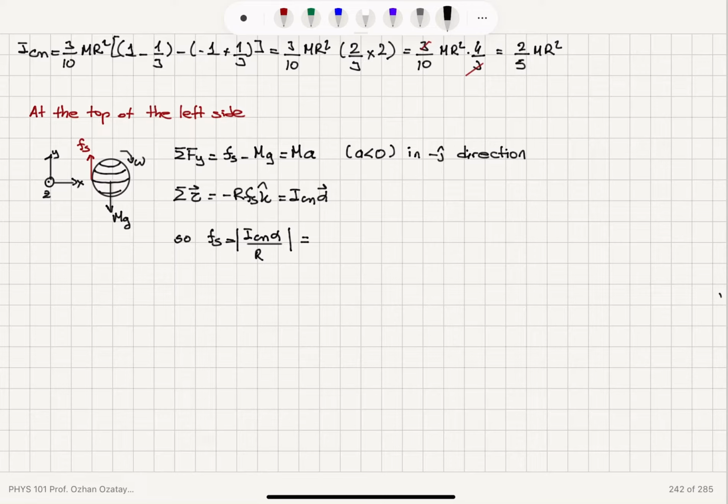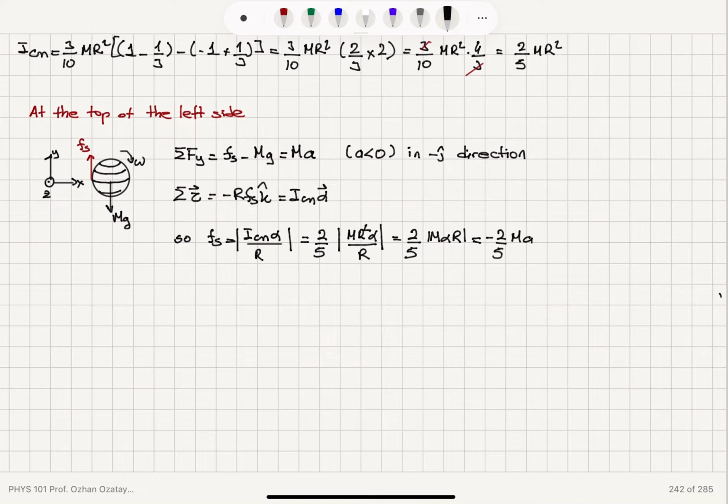It's going to be 2 over 5 m r squared alpha divided by r, and that will be equal to 2 over 5 m alpha r. Okay, and that will be equal to minus 2 over 5 m a.